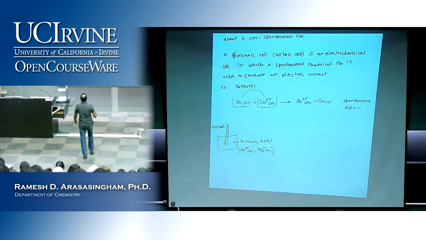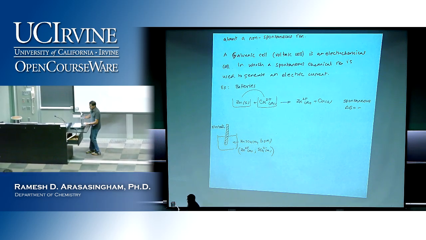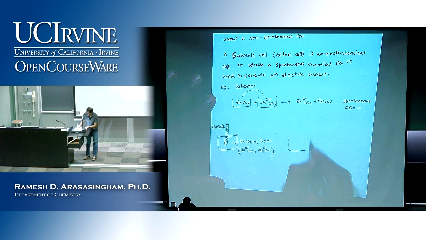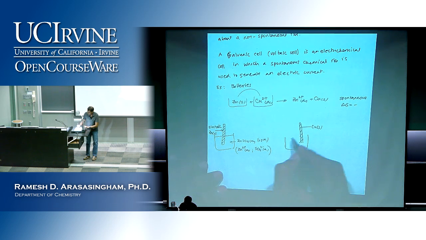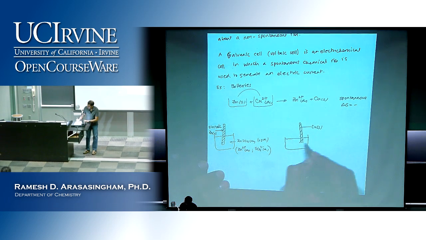Okay? On the other side, you're going to have copper. So this will be copper metal. And over here, I'm going to have zinc metal. This drawing is really bad, but I'll show you a nicer picture later, okay? And this is dipped in copper sulfate.